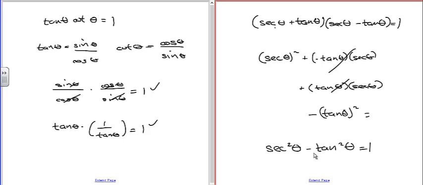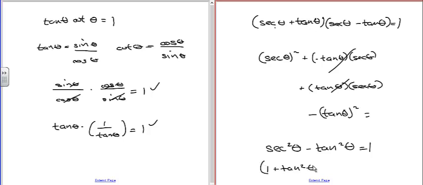And there's a trig identity involving the Pythagorean identity. If you look in your book, you'll see that secant squared of theta is equal to 1 plus tangent squared of theta.